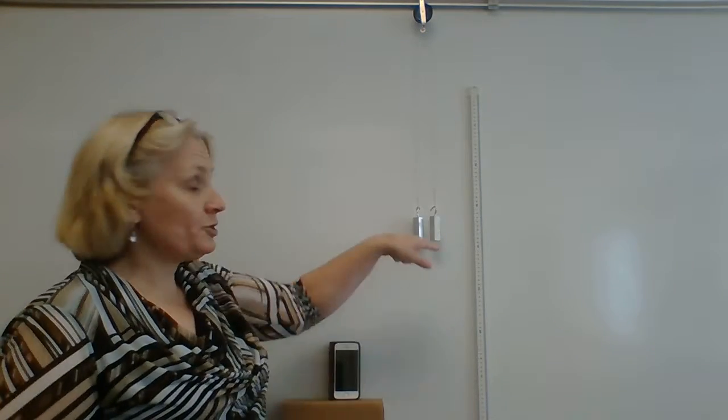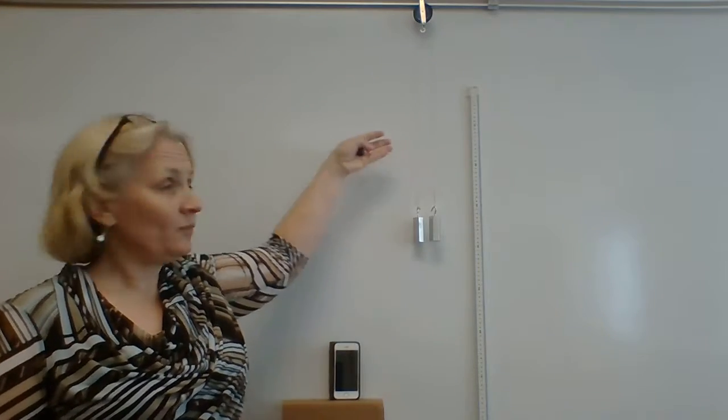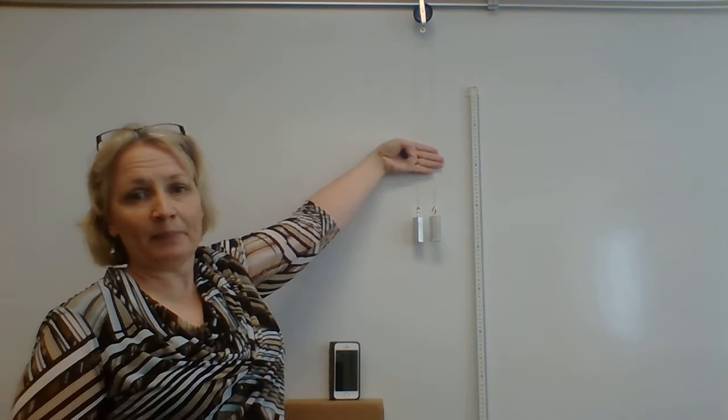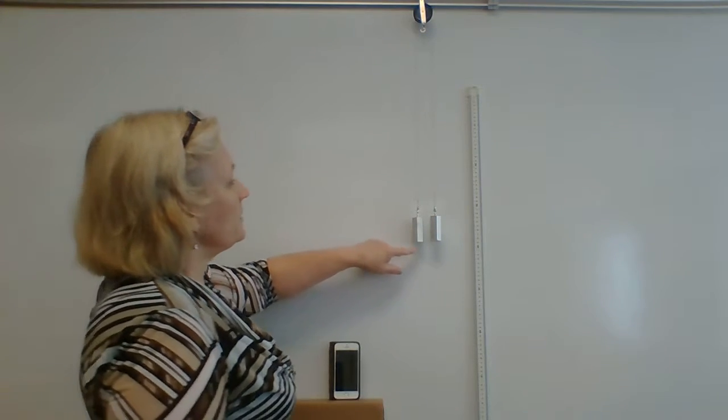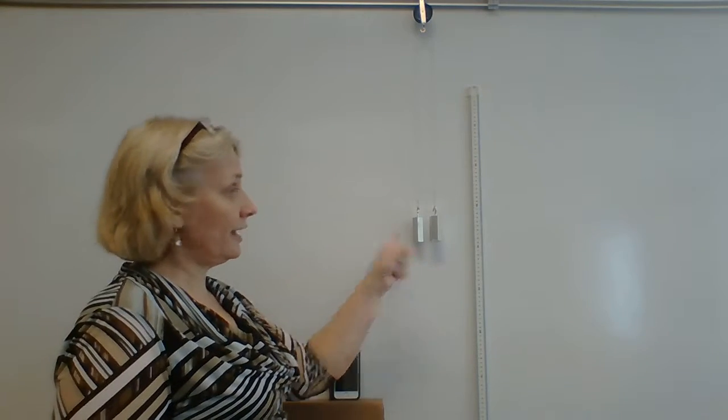So these two weights suspended over the pulley by a black string experience forces. And since they're at rest, we can deduce that these forces are balanced. So what are the forces acting on my left weight?